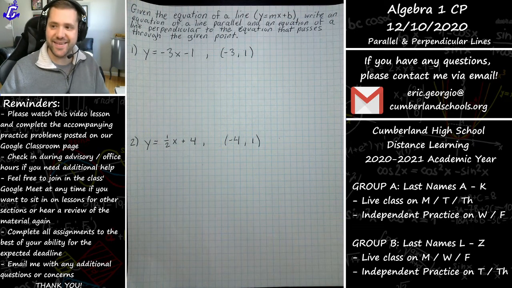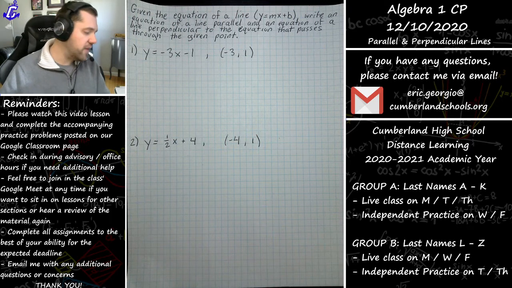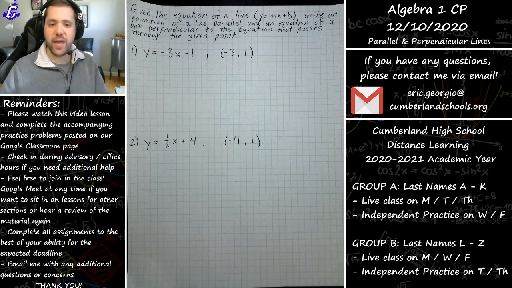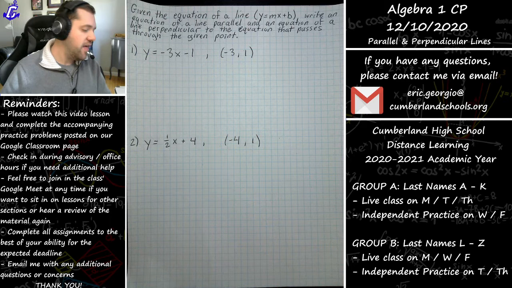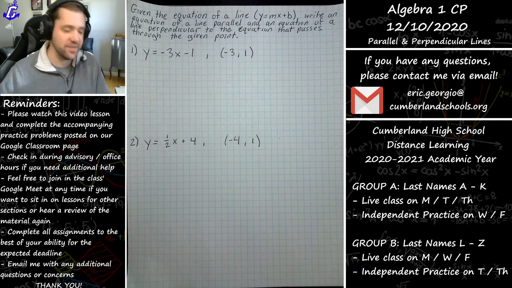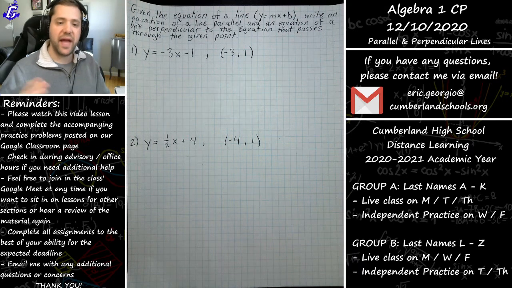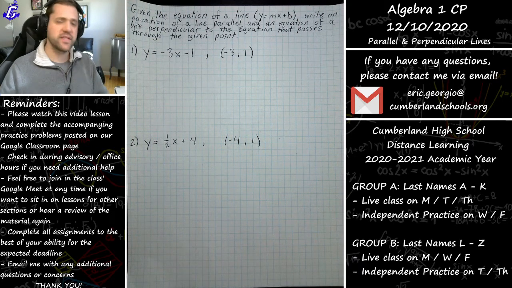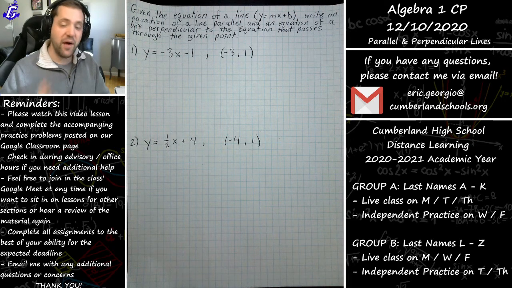Very open-ended. Now, what if I had to create an equation of a parallel and perpendicular line that happened to go through a particular point? In fact, it has to, right? Well, now we don't necessarily have that free choice anymore of just picking any y-intercept we want. We have to figure out what specific y-intercept is going to make this work.